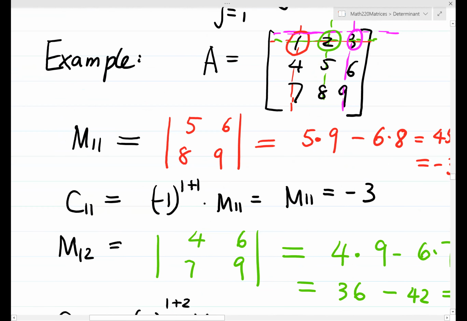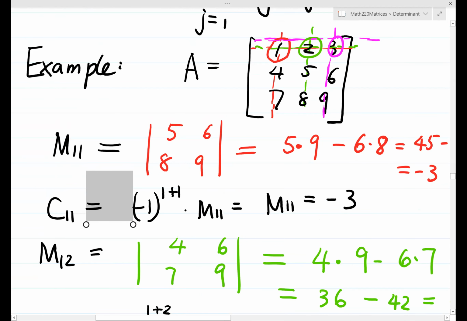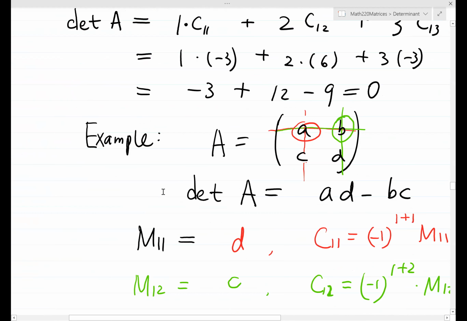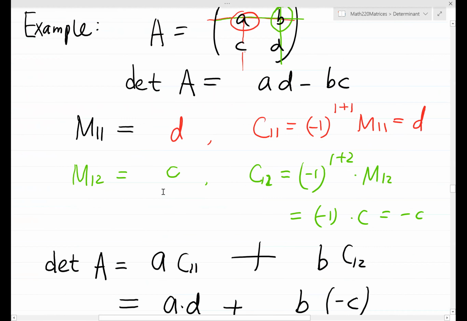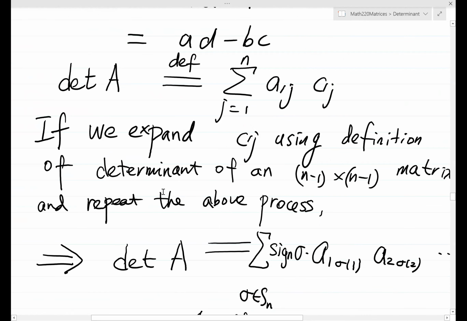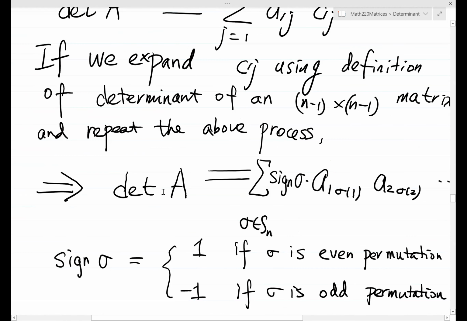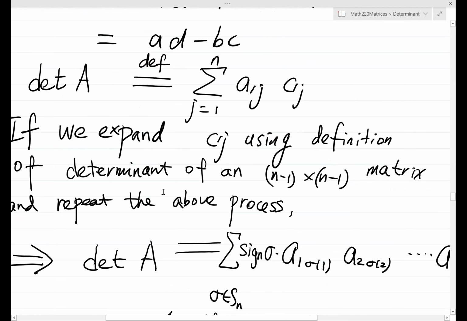We give an example of how to compute this by definition. This agrees with the 2x2 case of the determinant. Now if you repeatedly use this definition, you finally expand every cofactor by the determinant definition.